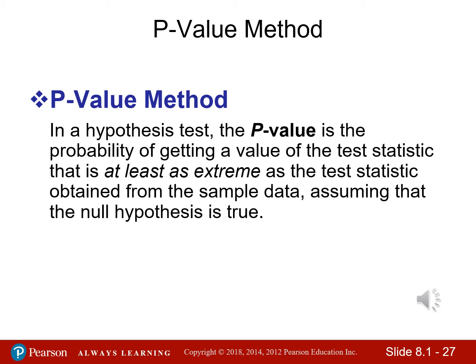In a hypothesis test, the p-value is the probability of getting a value of the test statistic that is at least as extreme as the test statistic obtained from the sample data, assuming that the null hypothesis is true.